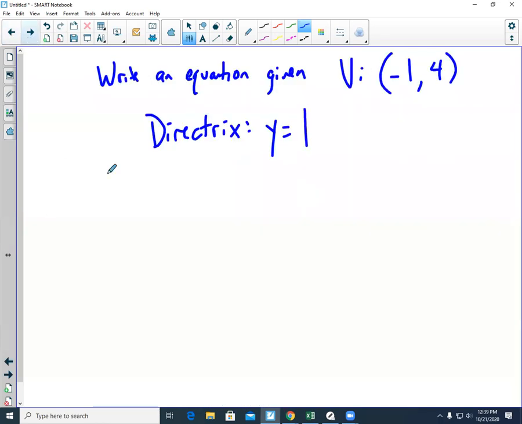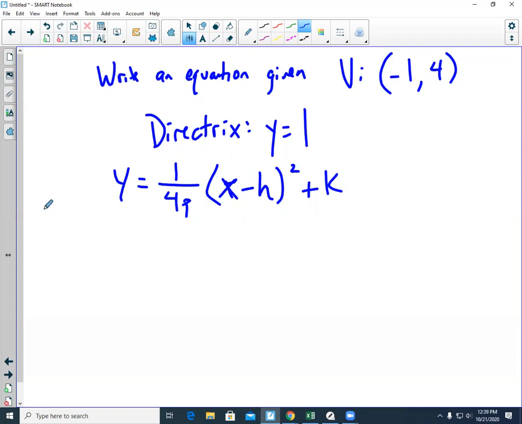So I know that this is going to be in the form of y equals 1/4p times x minus h squared plus k. Again, the things that I need you to figure out are what h is, what k is, and what p is. If you can figure out h, k, and p, you can figure out the equation, right? So I know right away that h is -1, k is 4.